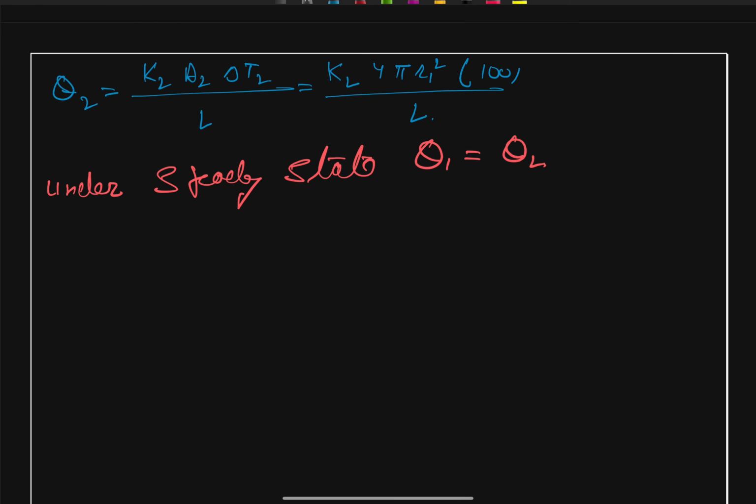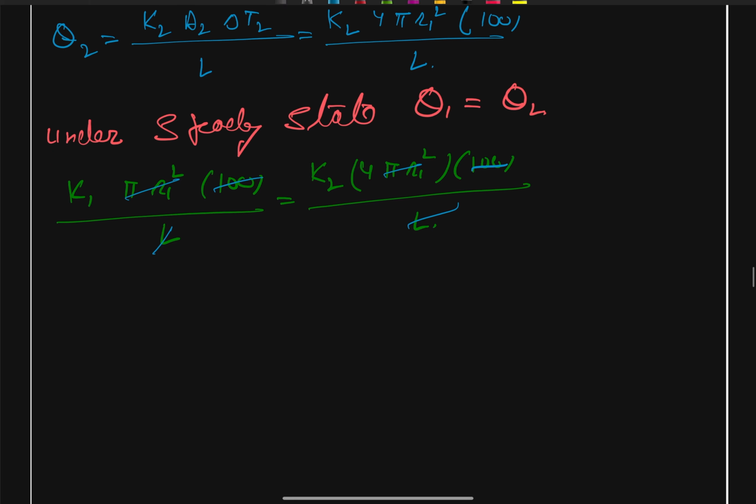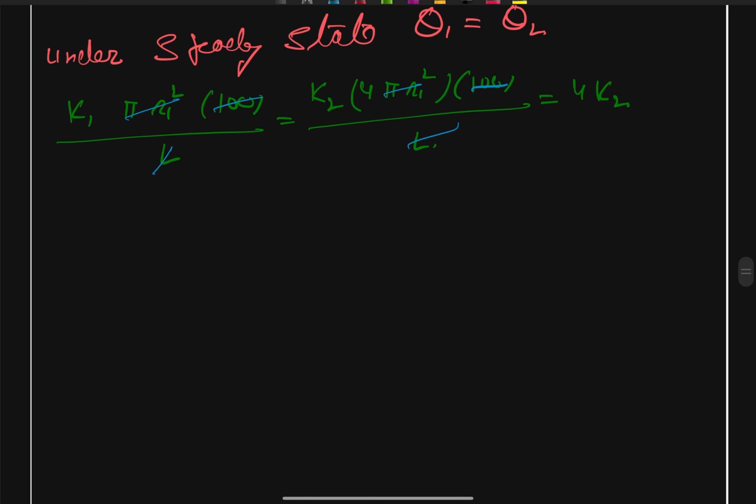So from here we get K1 pi r1 square 100 upon L is equal to K2 4 pi r1 square 100 upon L, and this pi r square, L, 100, all these cancel out, and we are left with 4 times K2. Therefore we get K1 upon K2 is equal to 4.